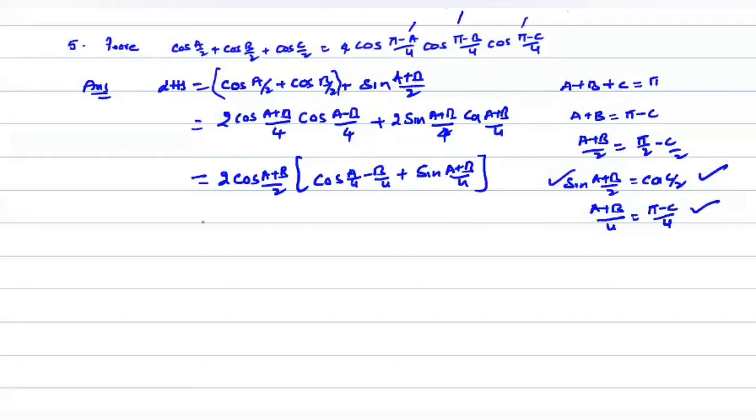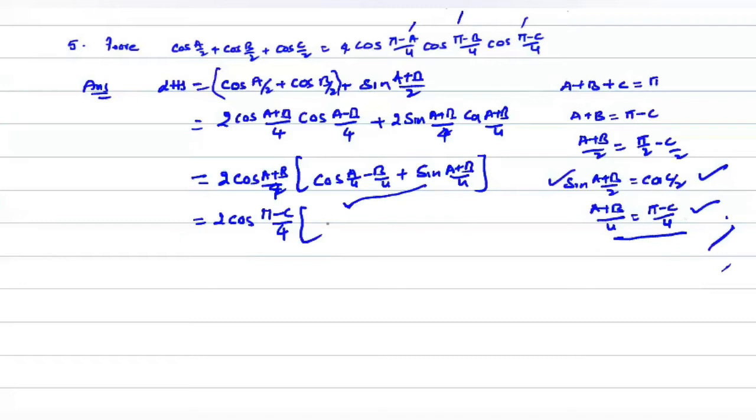Next one, I can write it as 2 sin, 2 cos (a plus b) by 4, where (a plus b) by 4 is pi minus c by 4. Okay, this is the formula I'm going to apply here. And then I'll write this term here. What is sin theta?